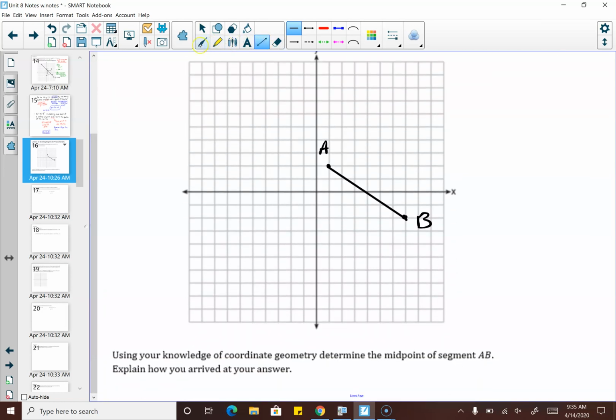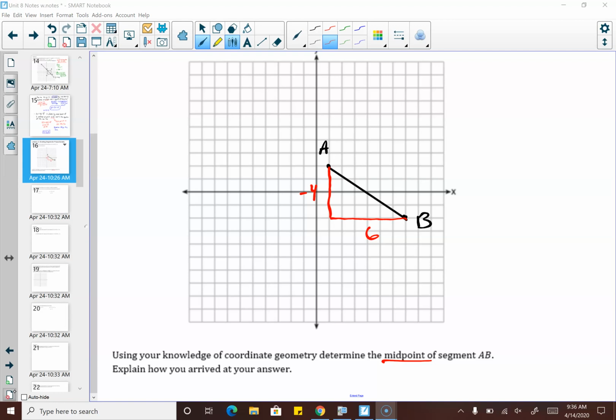Using your knowledge of coordinate geometry, find the midpoint. Okay. Now, to me, the easiest way to do this is almost to make this into like a right triangle, basically by finding our slope. So if we go from A to B, we have to go down 1, 2, 3, 4, so negative 4, and then over 1, 2, 3, 4, 5, 6.